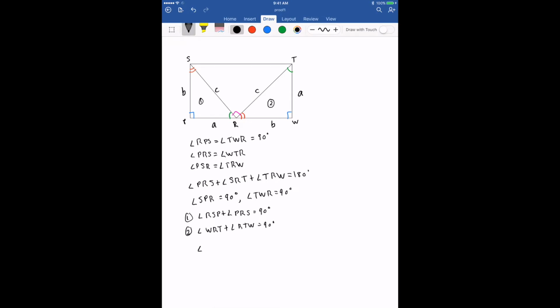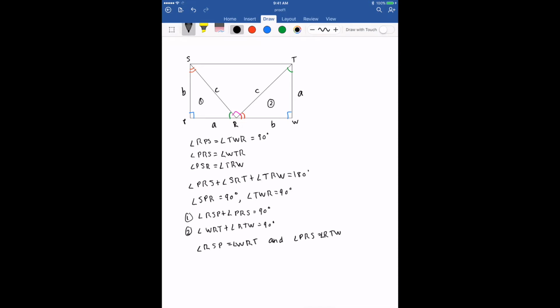We already know that angle RSP is the same angle as WRT, and we know that angle PRS is the same angle as RTW.